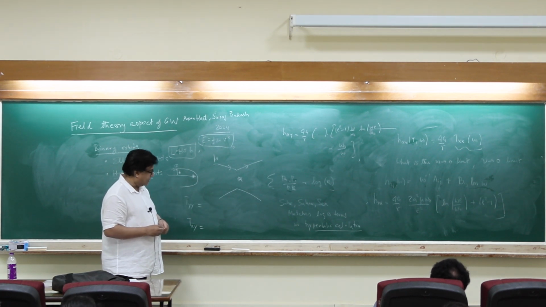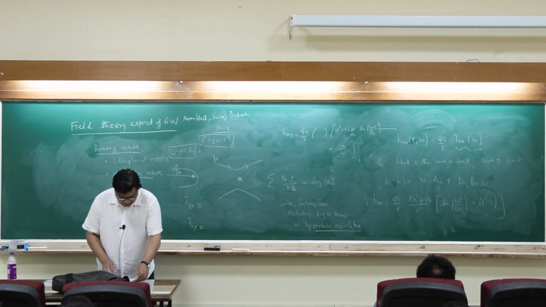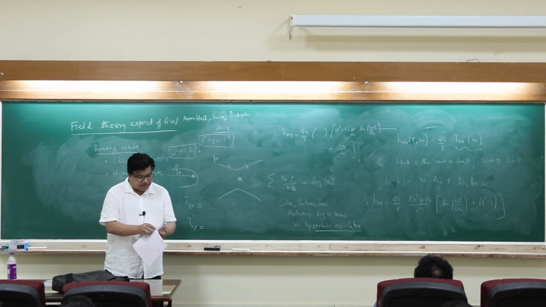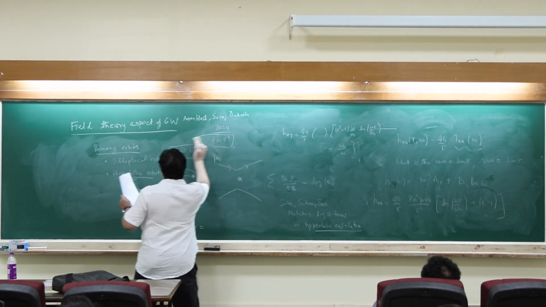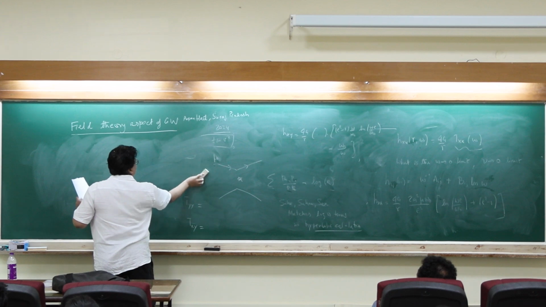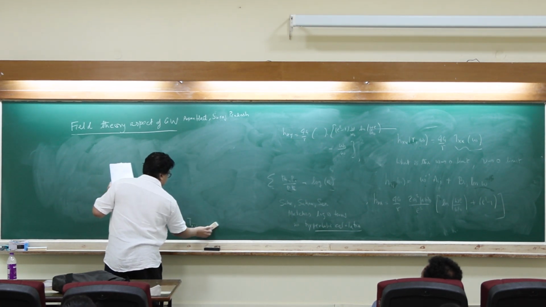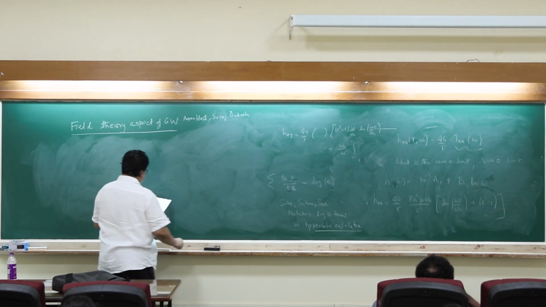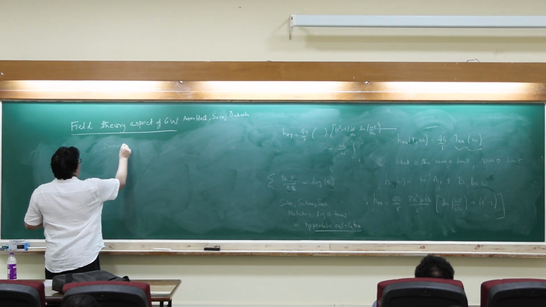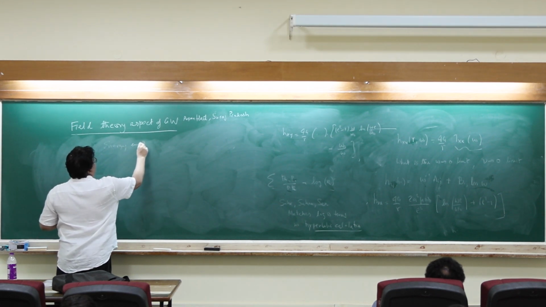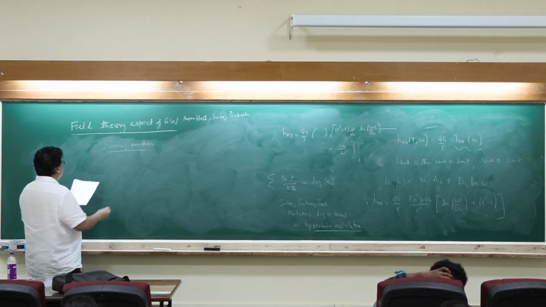Okay, I'll say one more thing that is interesting in this field theory calculation: you want to calculate the energy emitted in either an elliptical orbit or a hyperbolic one.